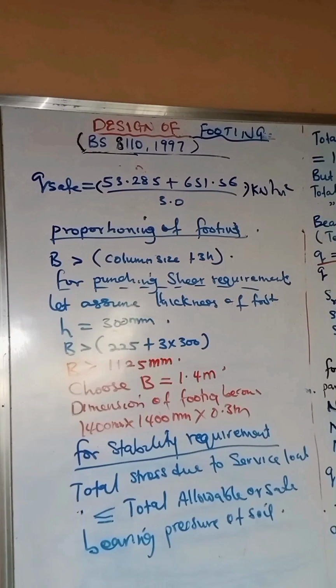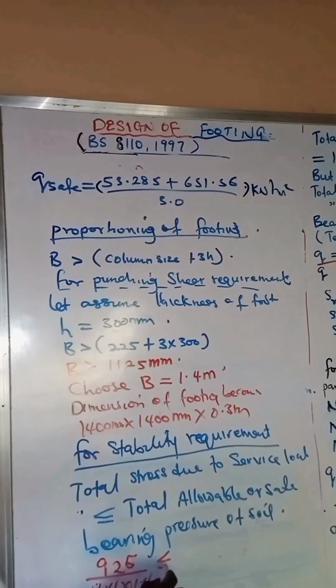That stress must be lesser or equal to the total allowable bearing capacity of the soil, or the safe bearing pressure the soil can sustain. Mathematically, we have our total stress due to service load as 925 by 1.4 by 1.4. This is the stress.